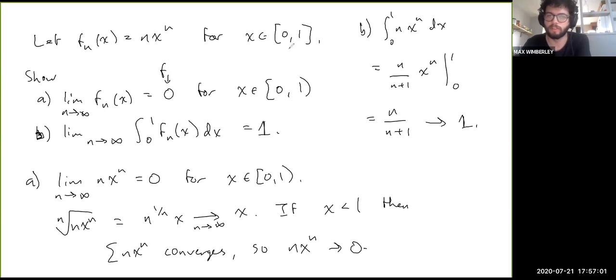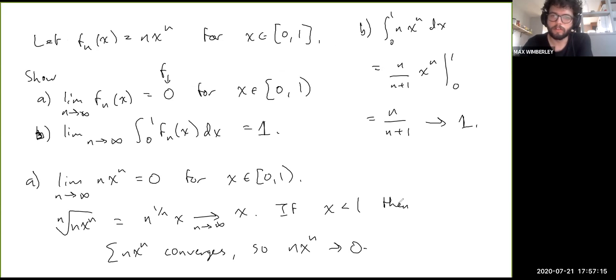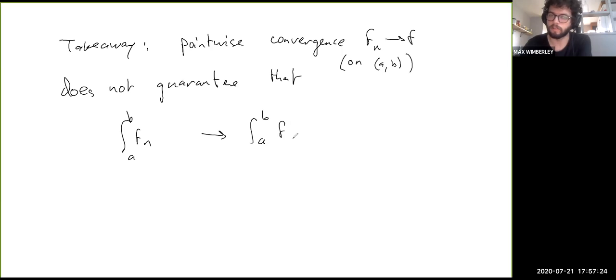So it's not really defined on the closed interval. All right, so maybe I should be more careful. Let's say a, b, whatever. So in this case, f is just 0, constant. And so the integral from 0 to 1 of f of x is just 0. But all of these integrals were 1.